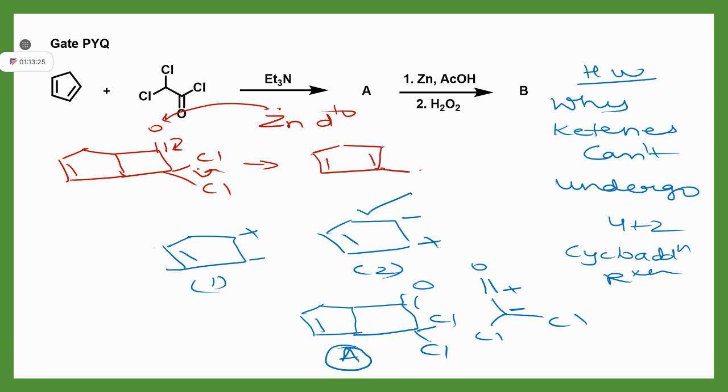Double bond here, chlorine, OZn. Zn will become positive after donating its electron to oxygen. So it will take chlorine, Cl negative, which gets knocked off from here. Till here it is clear? I have made some mistake over here.